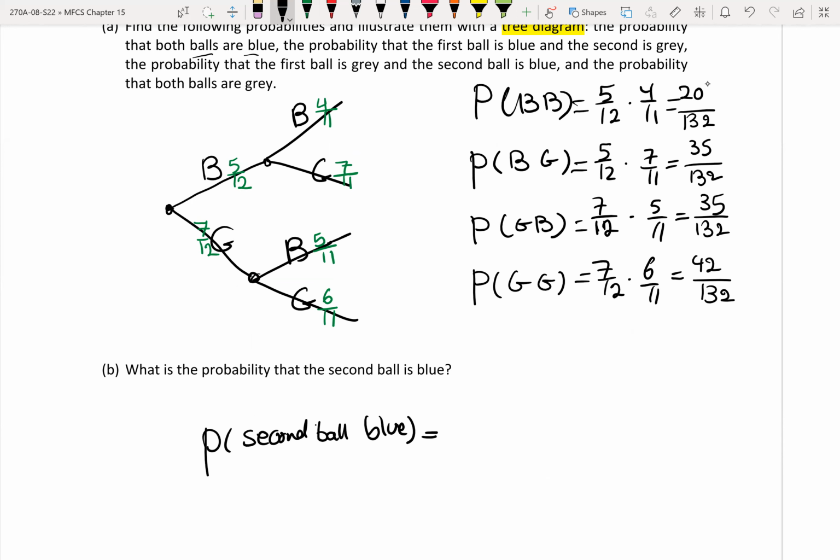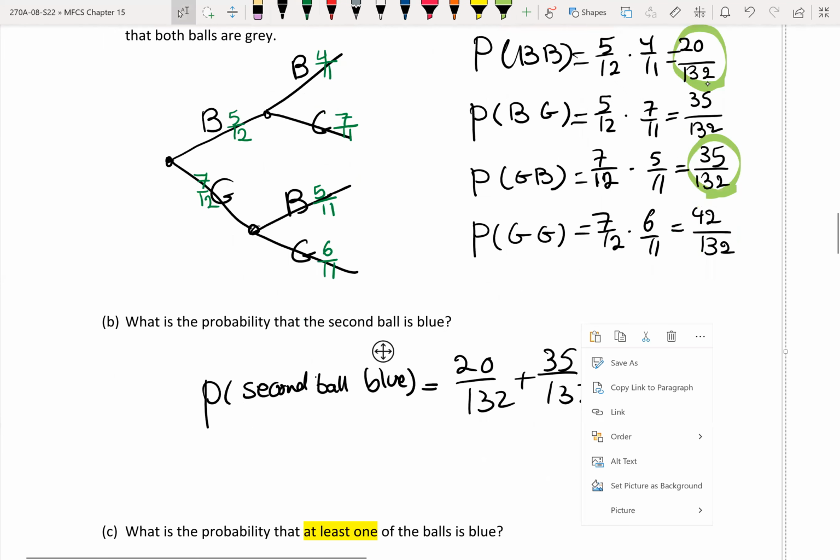Second one to be blue. So it is either this one or this one. So either is 20 divided by 132 plus 35 over 132. Because it's either or, that's why you have to use the plus.